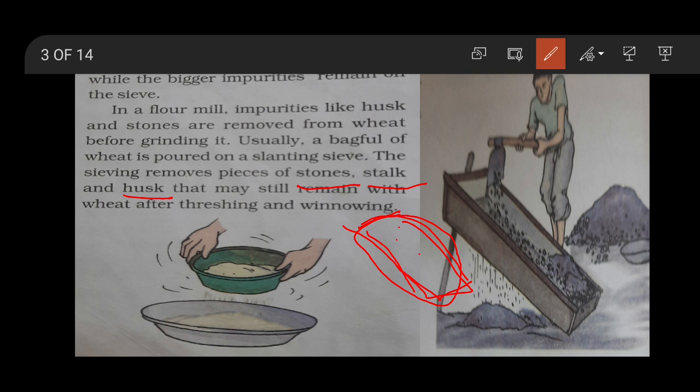In that, many holes are there for the pure flour particles to go through, and the slightly larger particles remain on it.